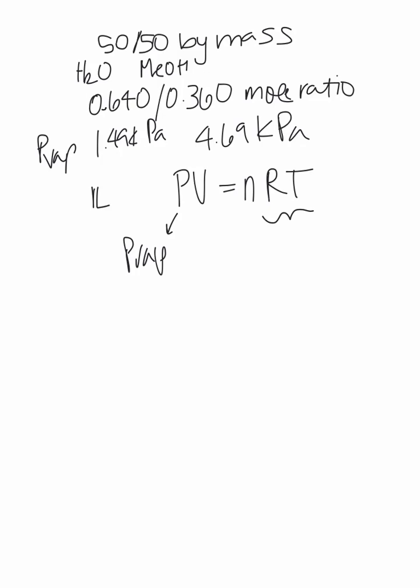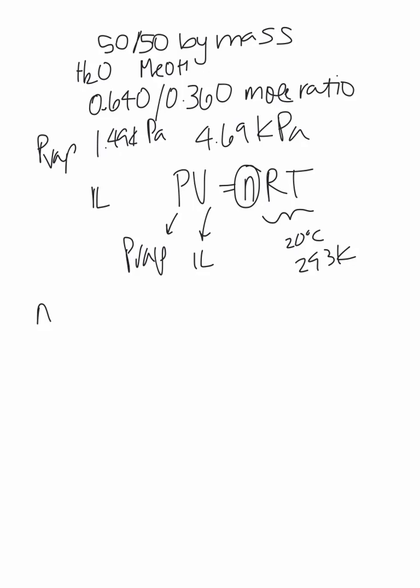We're given the T, which in this case is 20 degrees Celsius, or 293 Kelvin. We assume a volume of 1 liter. We can pull R out of a table, so for each vapor pressure, for each individual component of our mixture, we can solve for our number of moles, n.